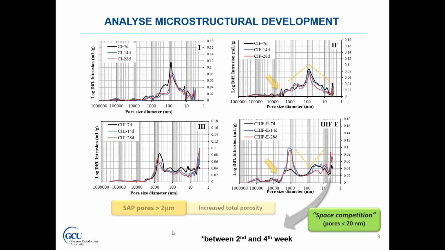This effect is more evident for samples with SAP E, and the water release from the SAPs facilitates the formation of hydration products and fills up the existing pore space, which in turn results in a densified microstructure at later age.